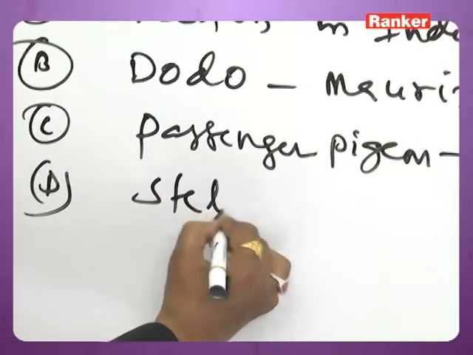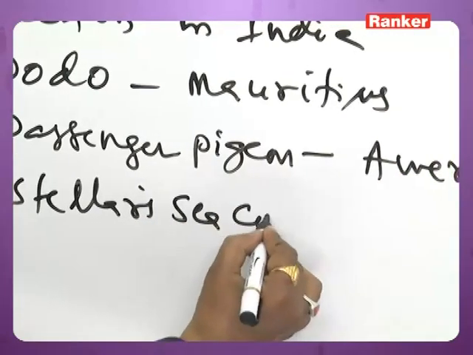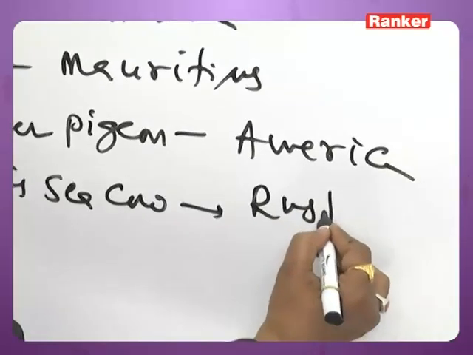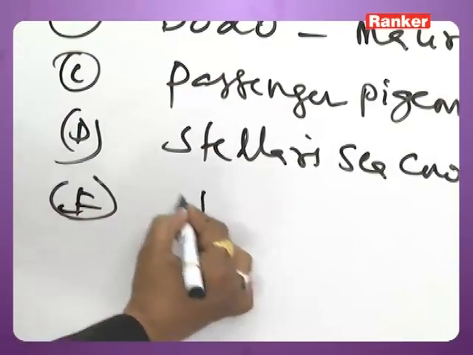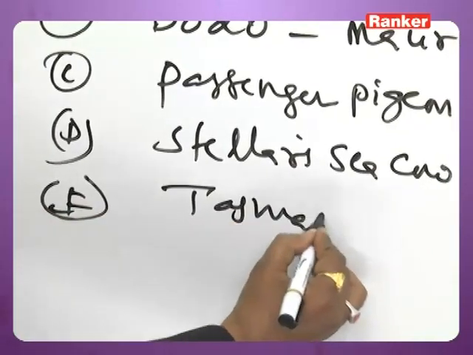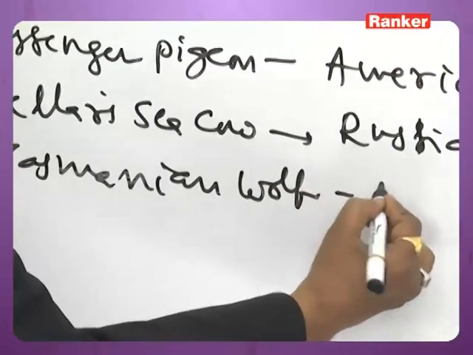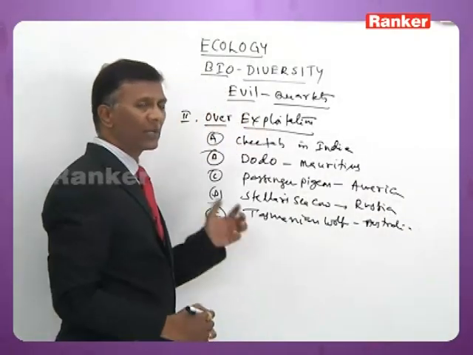Stellar sea cow has become extinct in Russia. Then Tasmanian wolf has become extinct in Australia. There are many organisms which have become extinct.